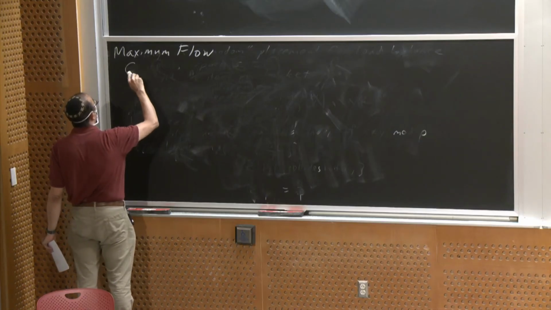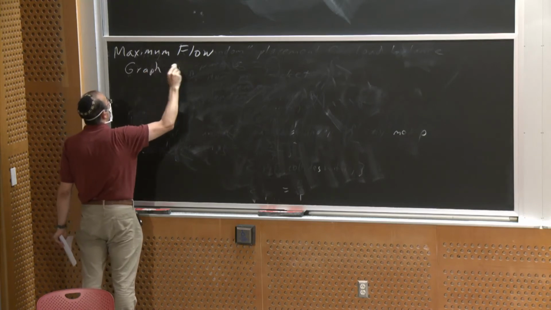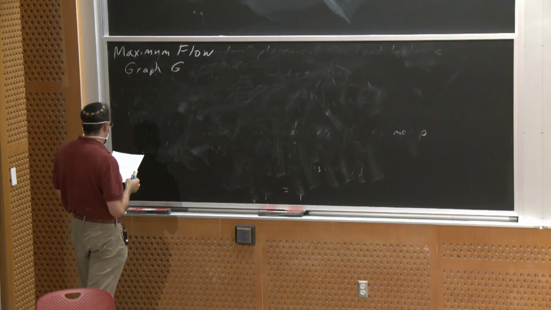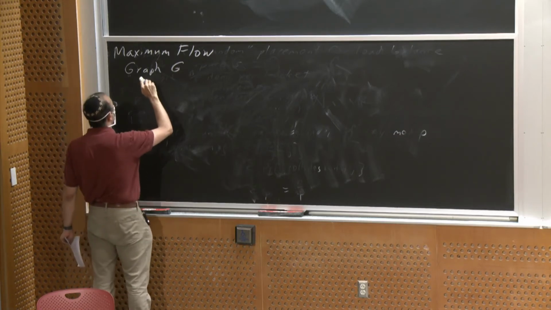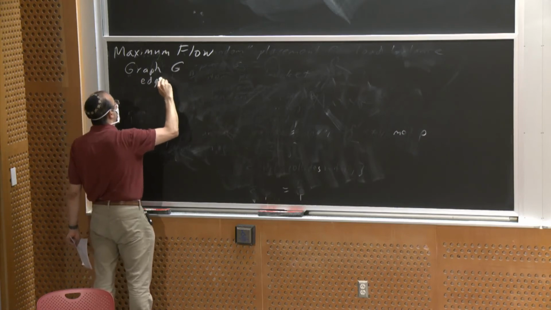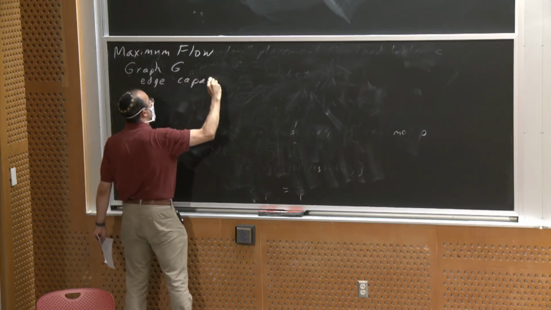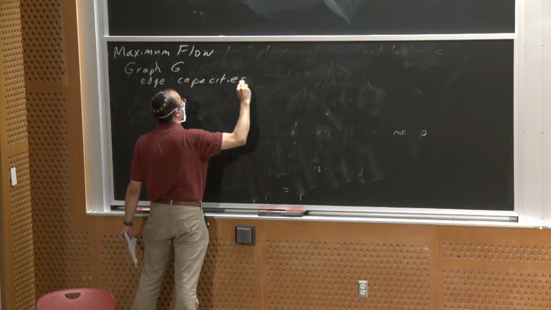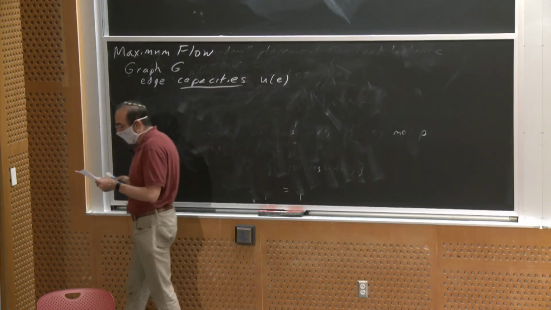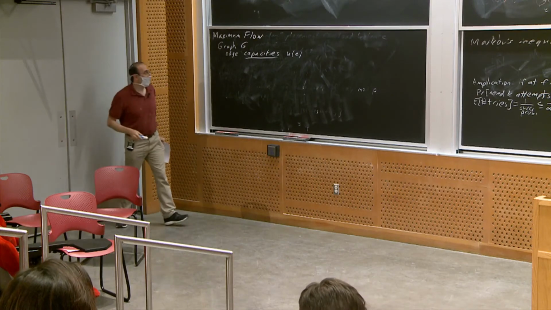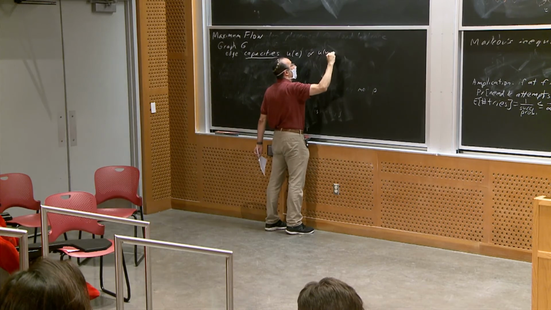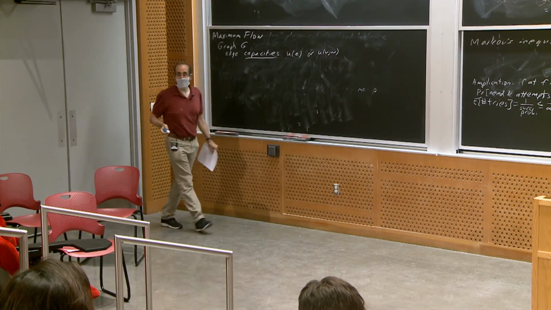So in the maximum flow problem, we're given a graph G, and it can be directed or undirected. The edges will have capacities, which we denote by U, or by specifying their endpoints.